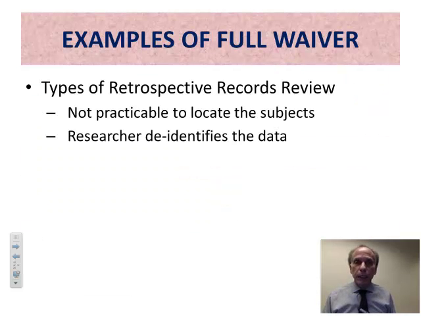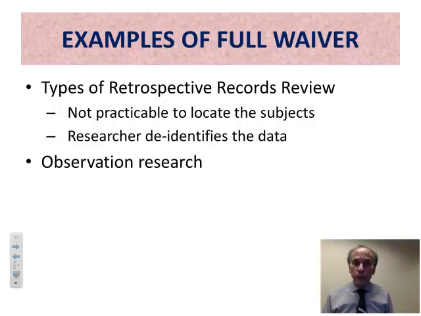Examples of a full waiver include types of retrospective records review research, for example, when it is not practicable to locate the subjects, or in research whereby the researcher de-identifies the data.